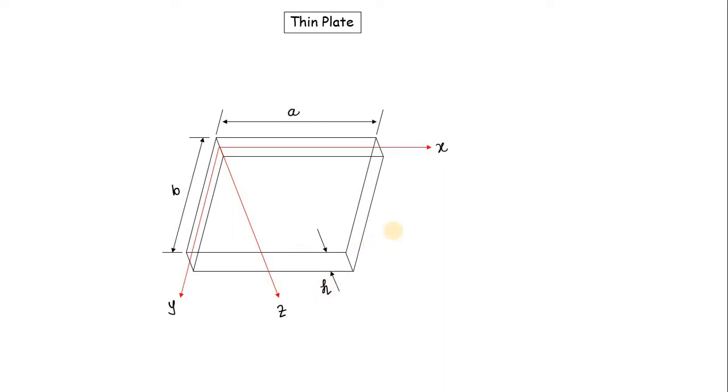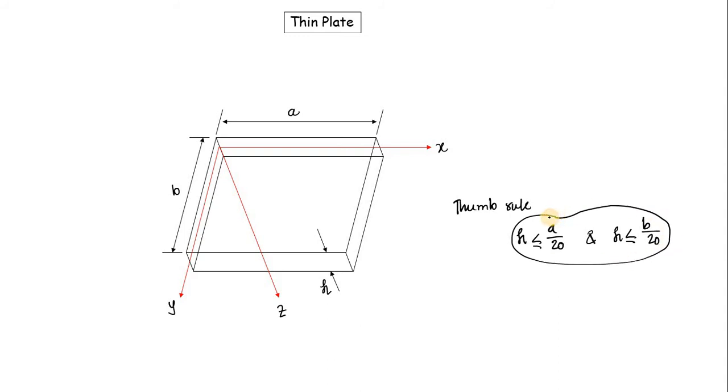According to the thumb rule, this plate is treated as a thin plate only when both of these conditions are satisfied.